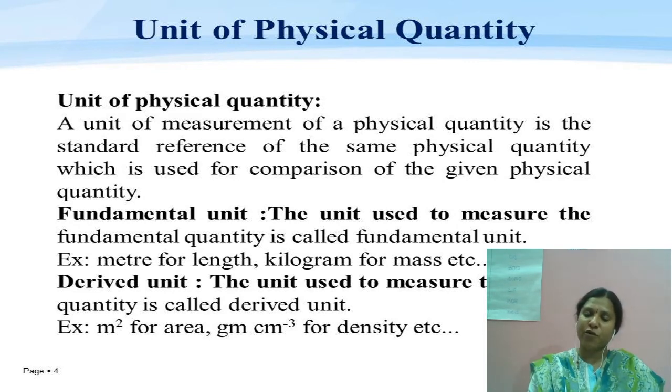For example, for fundamental units, the meter for length, kg for mass, Kelvin for temperature, second for time, ampere for current. Like this, there are 7 fundamental units. We will discuss that in the next class. Derived unit, for example area: we have meter square, gram per centimeter cube for density, meter per second for velocity, meter per second square for acceleration.